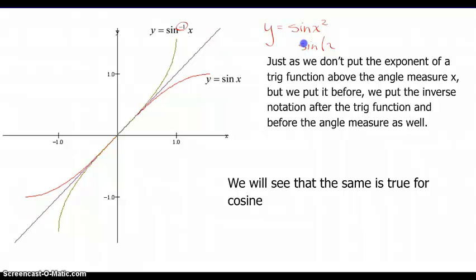Does this mean it is the sine of the quantity x squared, or the quantity sine of x, squared? And so mathematicians agreed that the best thing to do was to put the exponent before the angle measure so that we knew the whole thing was being squared. And so here we know it's the inverse of the whole sine function.